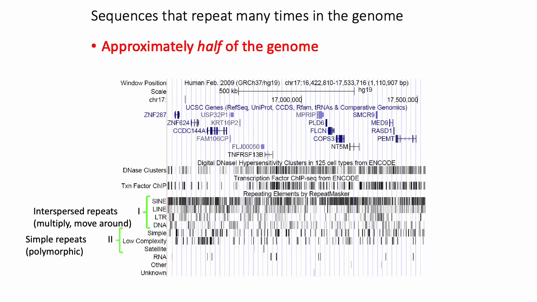It's worth pointing out that there are two major types of repetitive sequences that people often talk about. One type is called simple repeats. These are things that look obviously repetitive in sequence, like AT, AT, AT, AT, or trinucleotide repeats. Those simple repeats are oftentimes highly polymorphic.